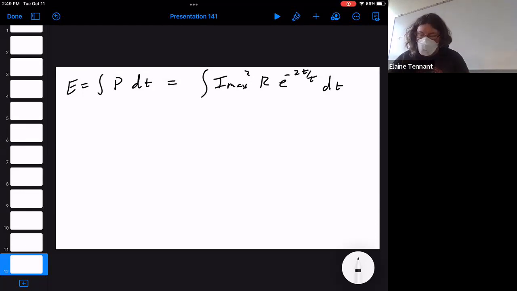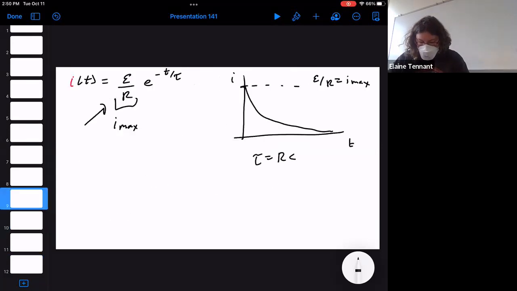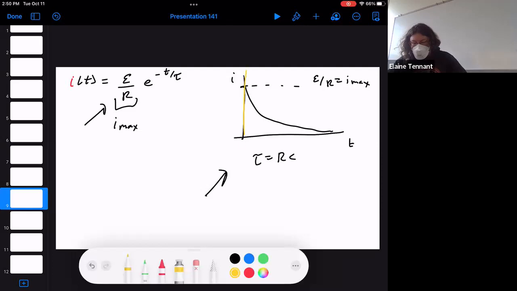We definitely need to put some limits on this integral. So I want to discuss this scenario where we turn the circuit on, we flip the switch, and then we watch the battery run, we watch the current run. Is that current ever going to truly reach zero?